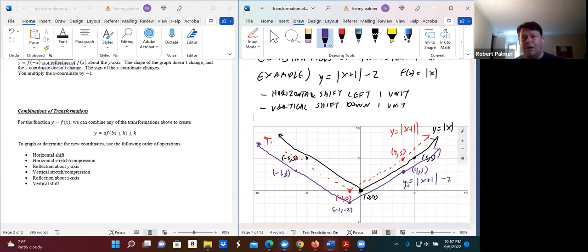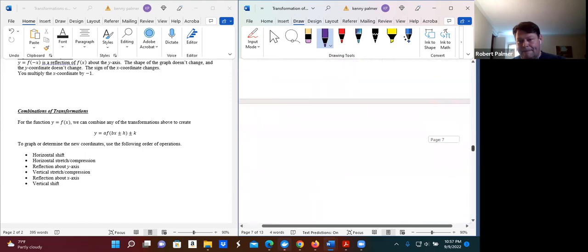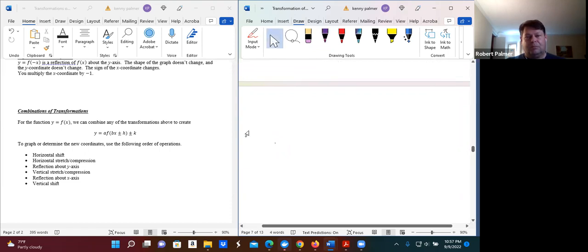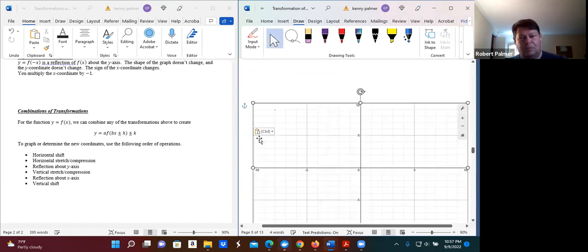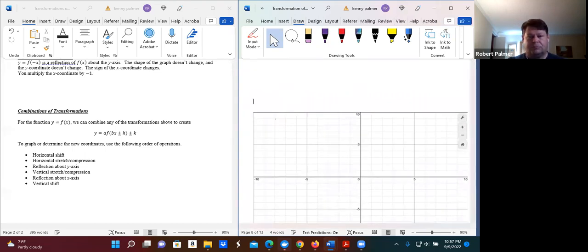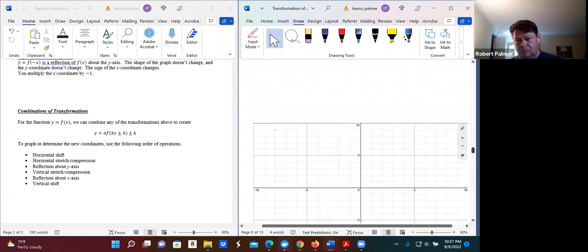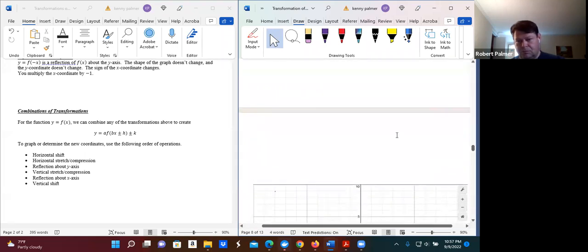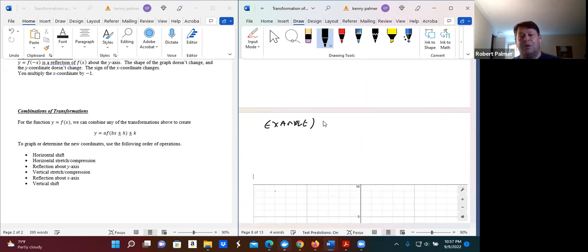Okay. Let's do one more example of that. This time, we're going to do y is equal to the square root of 2 minus x.